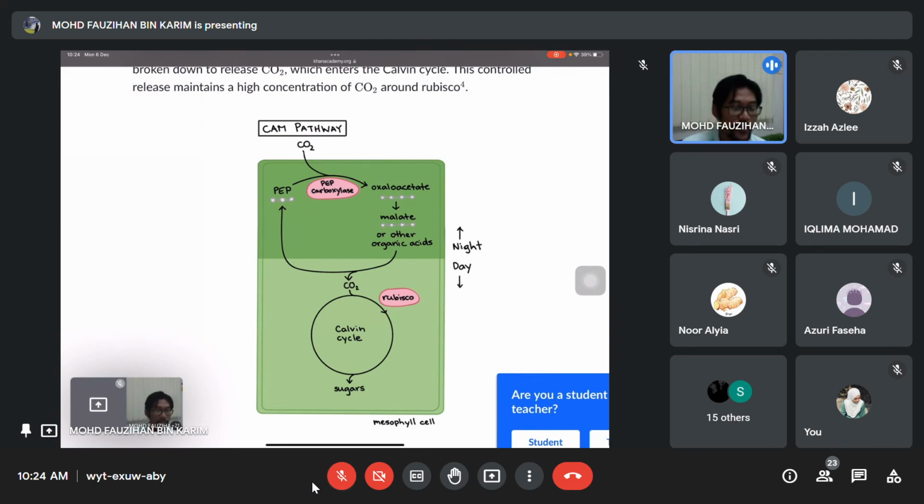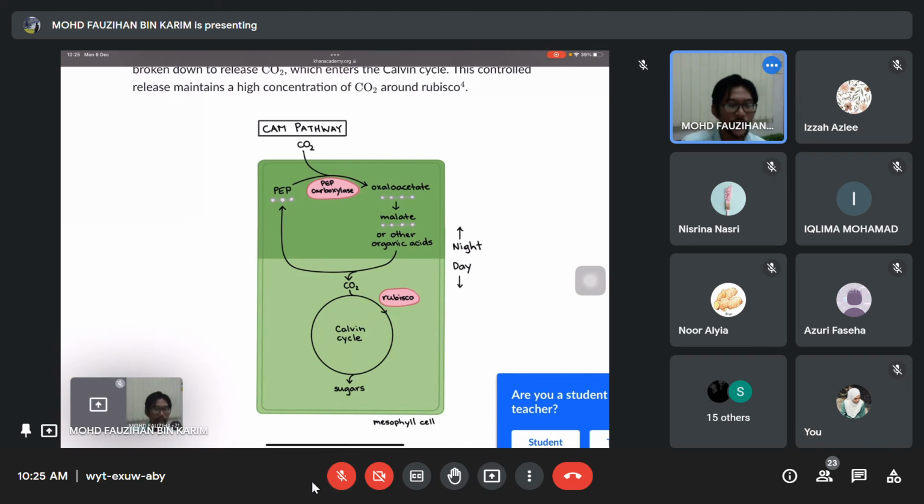So during the night, they capture as much carbon dioxide as they can, and they store the carbon dioxide in the form of malate or other organic compounds.